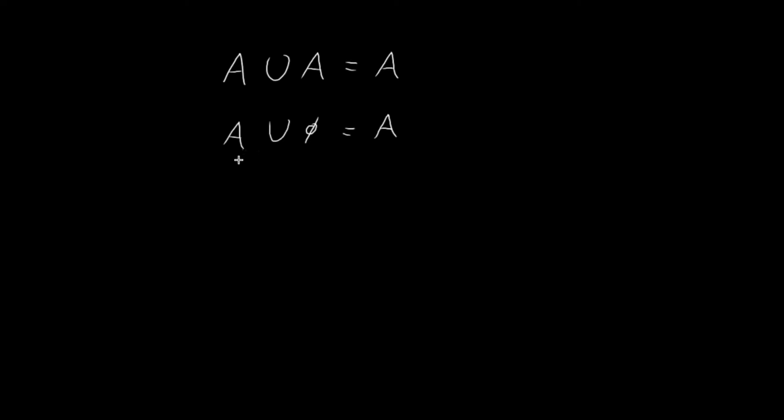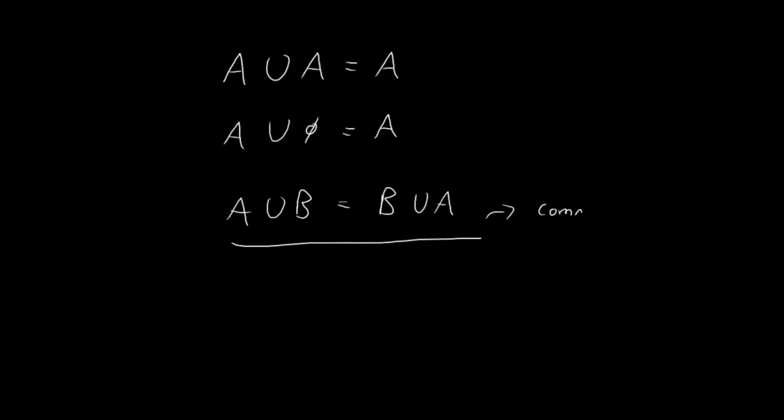So the union of A with the empty set is just equal to A. Also, the union of A and B is just equal to the union of B and A, so the order doesn't matter. The technical term to describe this kind of behavior is to say that set union is commutative. This is similar to addition, because in addition we know that 1 plus 2 is equal to 2 plus 1, so the order doesn't matter.